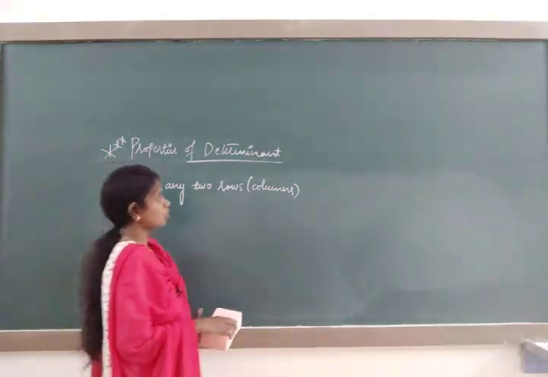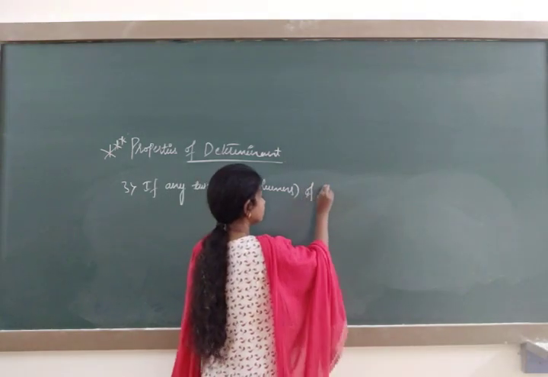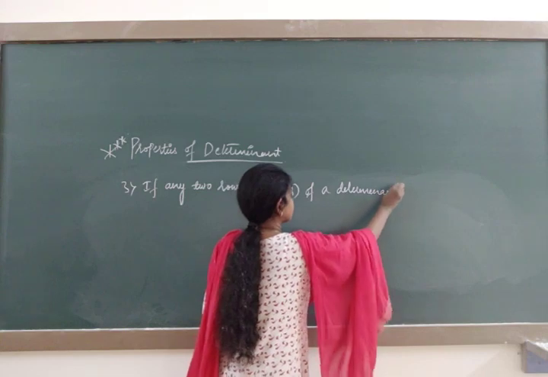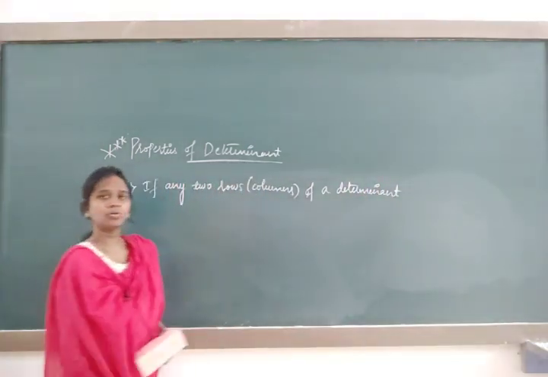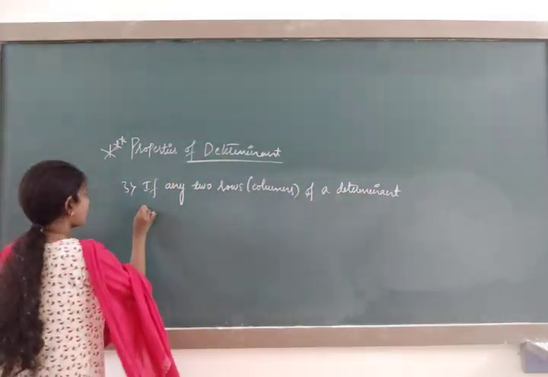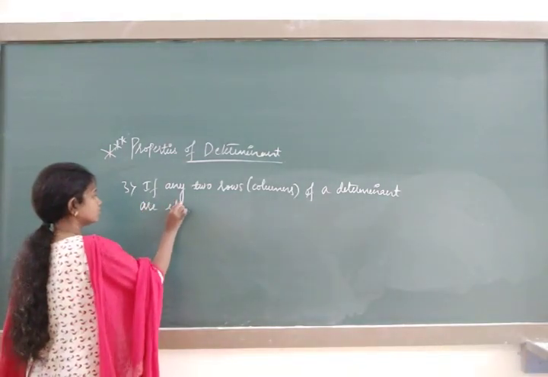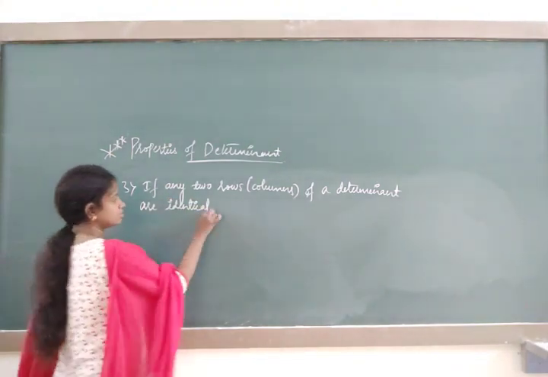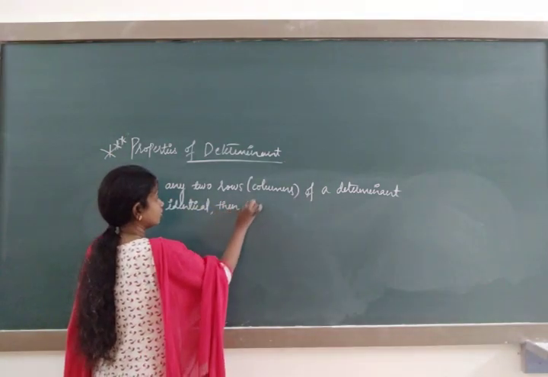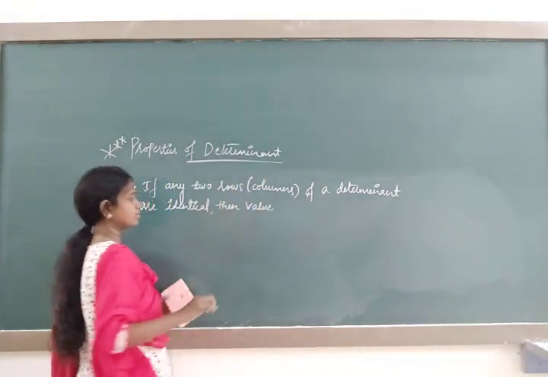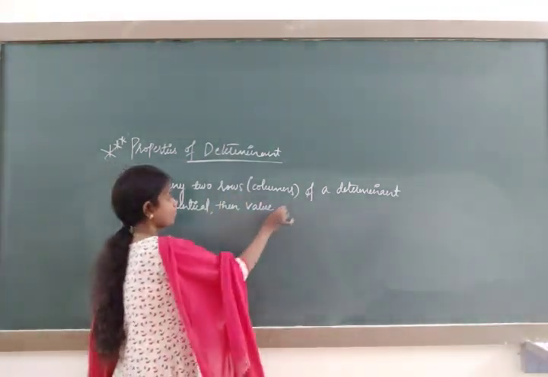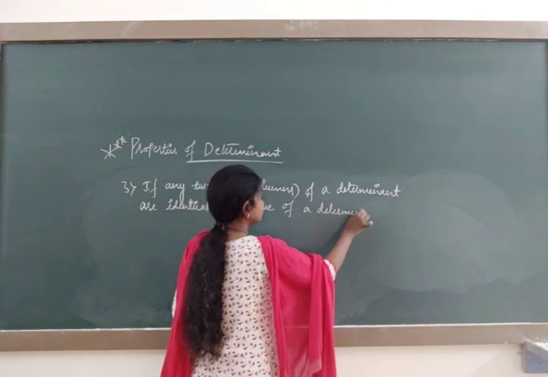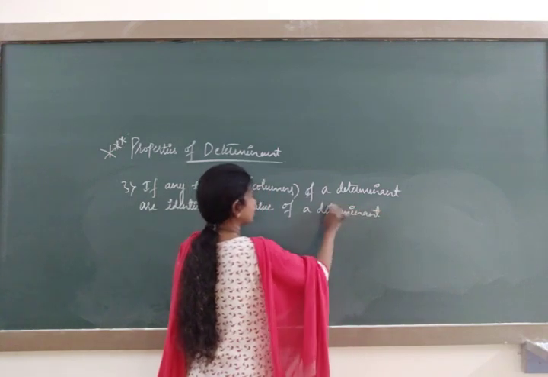If any two rows or columns of a determinant are identical, then the value of the determinant is 0.